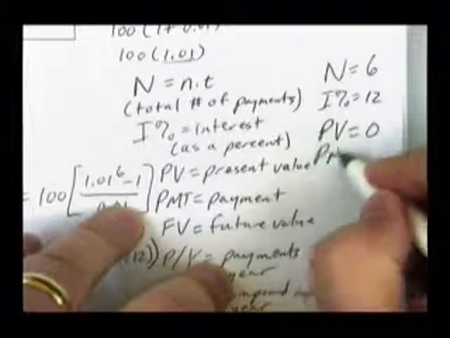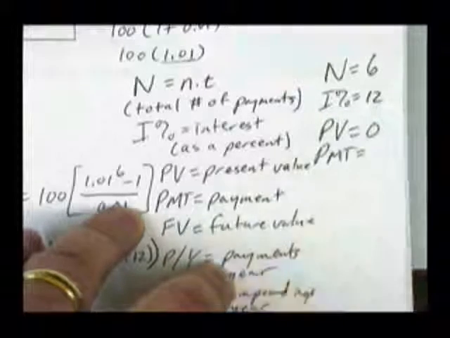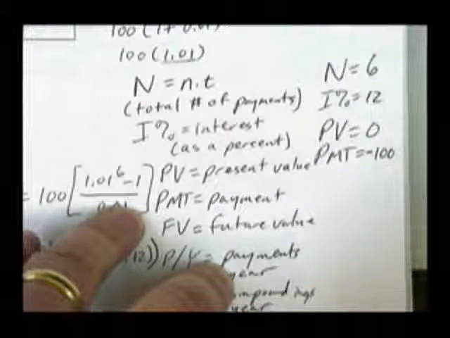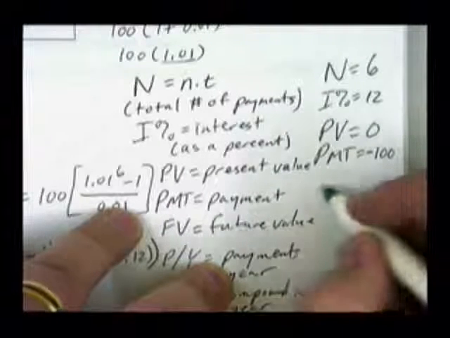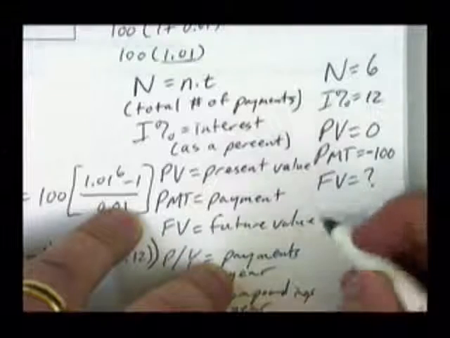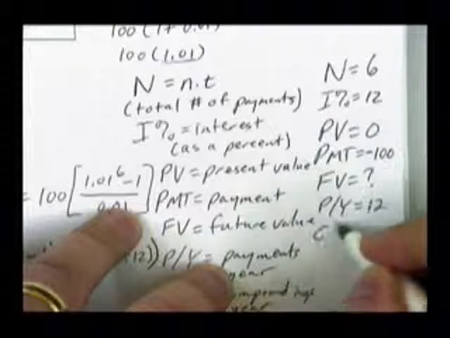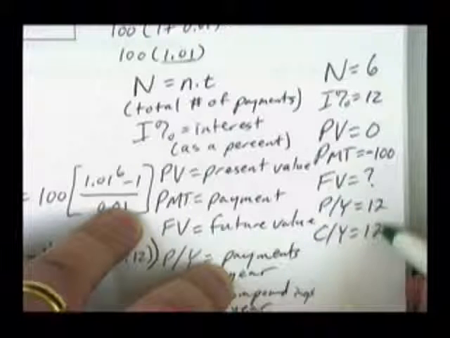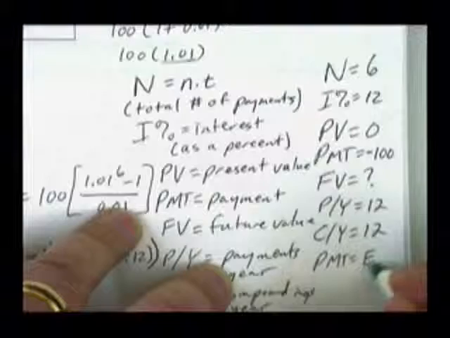I'm making payments of $100, and since they're coming out of my pocket, the way it wants me to put that in is with a negative 100. Anytime the payments are going out of my pocket, those are negatives. My future value is what I don't know. That's how much I want to find. My payments per year are 12, since I'm dealing with monthly, and my compoundings are the same. Pretty much for all of our purposes in here, we're going to be using these as the same. And then for the PMT down here, we're going to choose end.